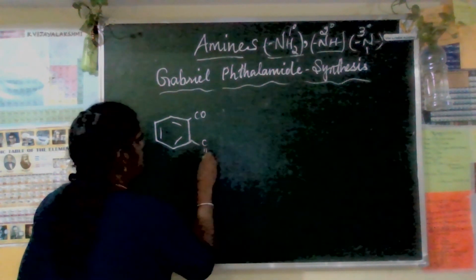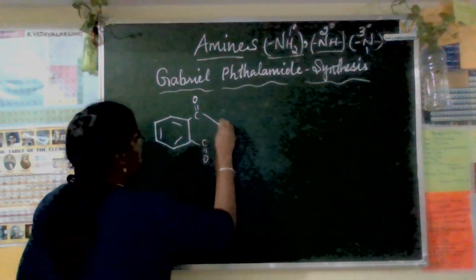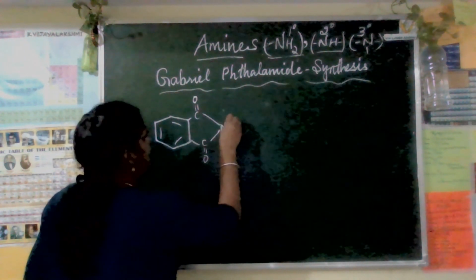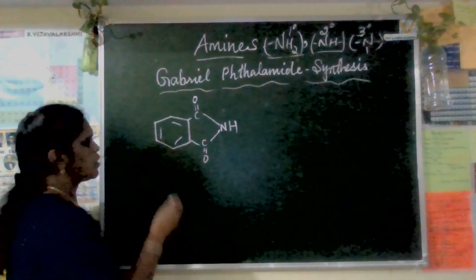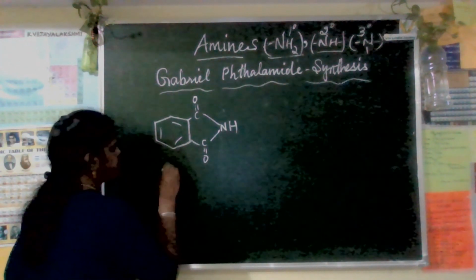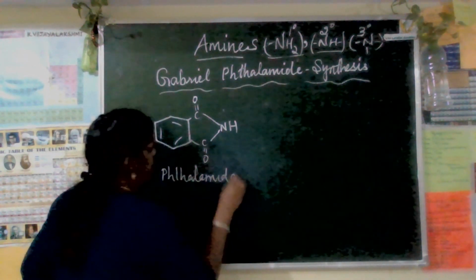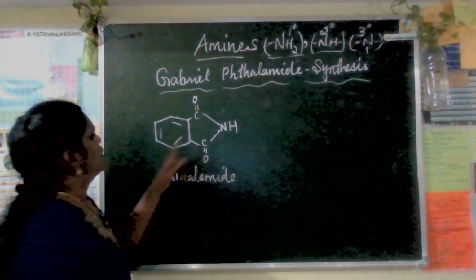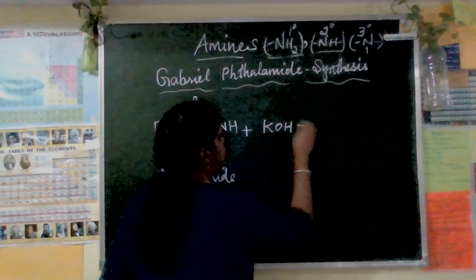Okay, now phthalimide means these both are the same. Here C double bond O, here also C double bond O. These both are combined with NH. So this is phthalimide. Okay, so this is phthalimide, an amide. Now, this reacts with potassium hydroxide.